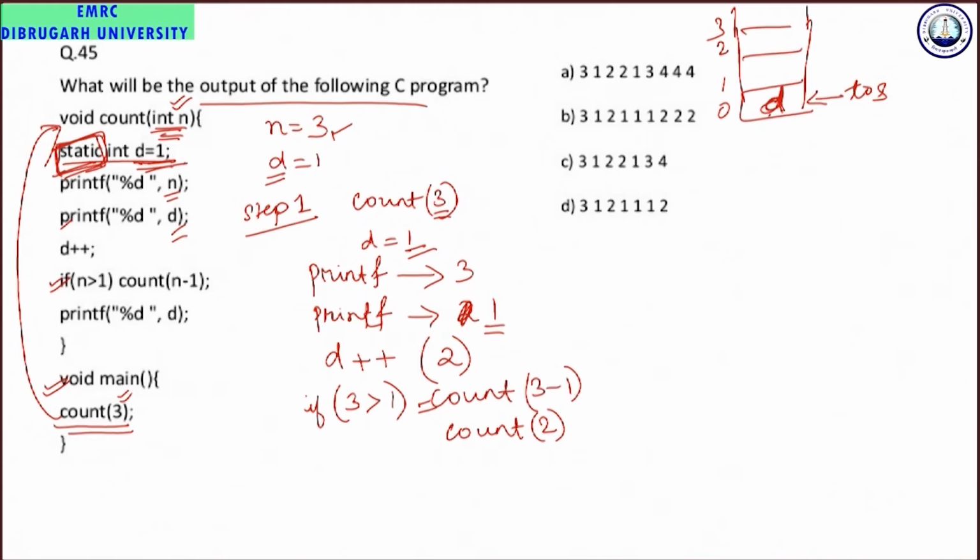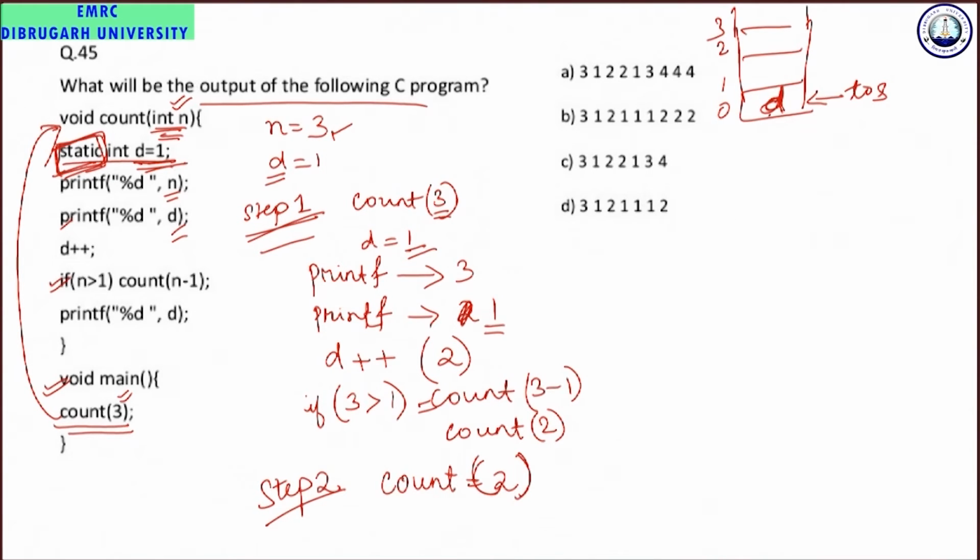Okay. Then the same process repeats just like this one, we will do step 2. So, in step 2 count is equal to 2, or you can write it this way: count 2.